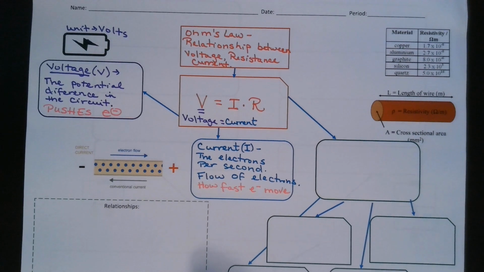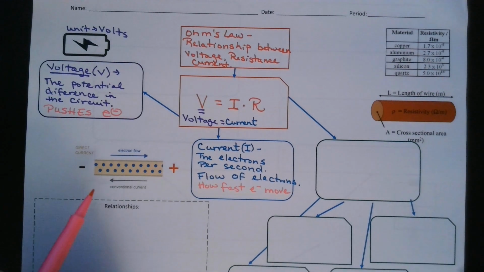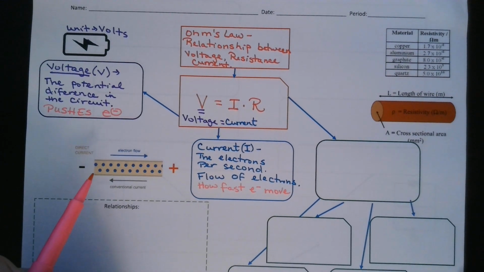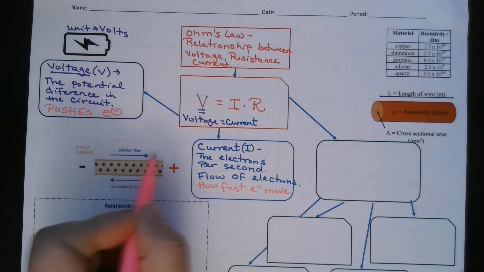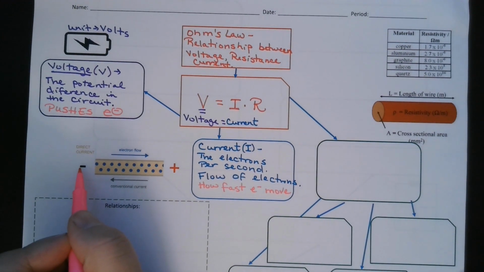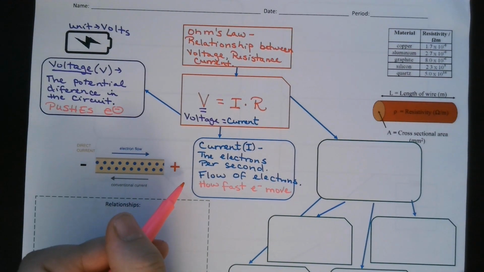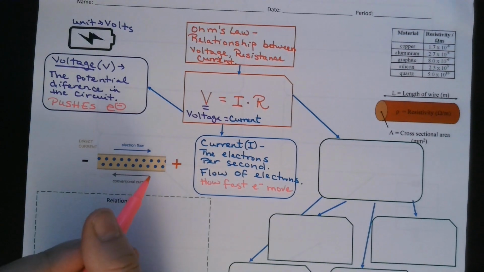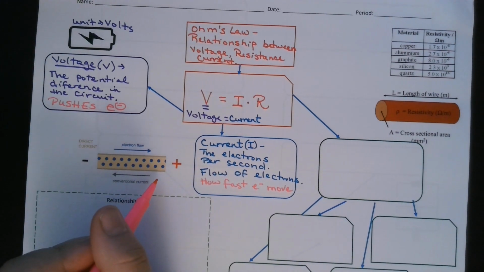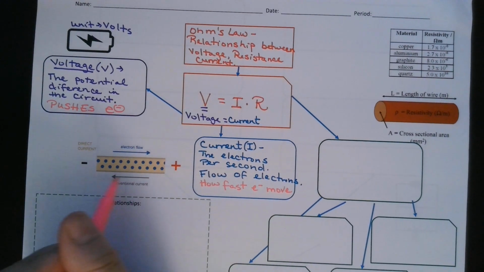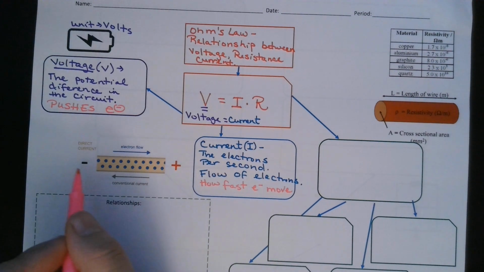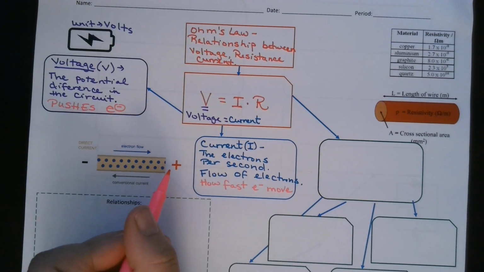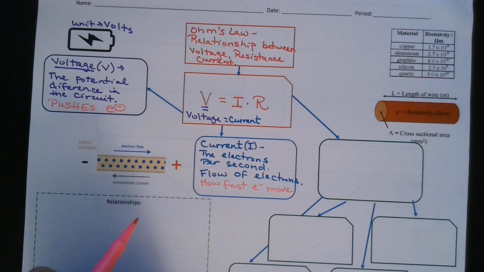And if you look here, the electrons actually move in one direction. They move from the negative side of the battery to the positive side of the battery. However, because whoever started naming current talked about current moving in the negative direction, this became the conventional current. But I will always talk about the electrons moving in the positive direction for you.